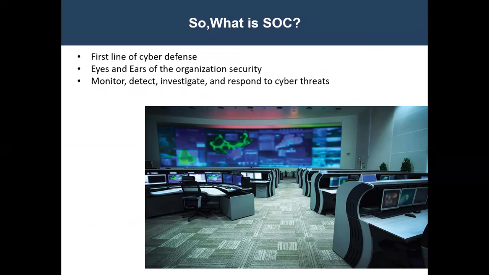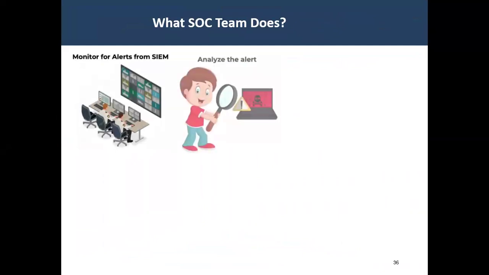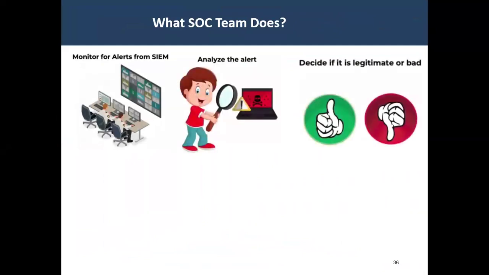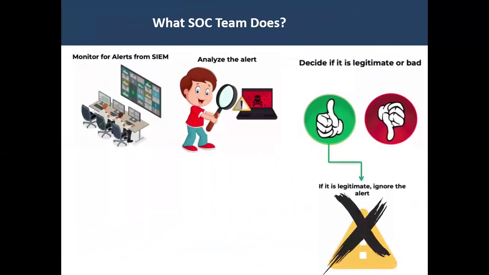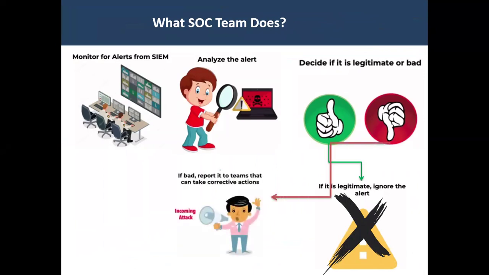So how can these actions be done? The SOC team monitors alerts. Once an alert comes, they analyze it and decide whether it is legitimate or bad. If it is legitimate, they ignore it. If it is bad, they need to take action. If a bad alert is reported, the team needs to correlate those actions, whether it is an incoming attack or an outgoing attack.